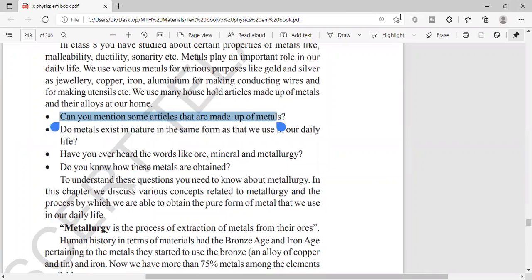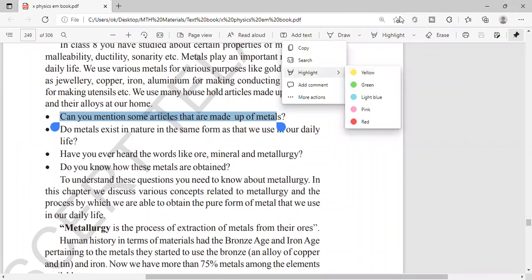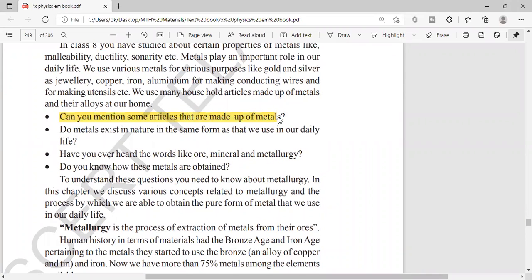For example, here the first question is asked like this. Can you mention some articles that are made up of metals? Yes, we are able to mention, right?